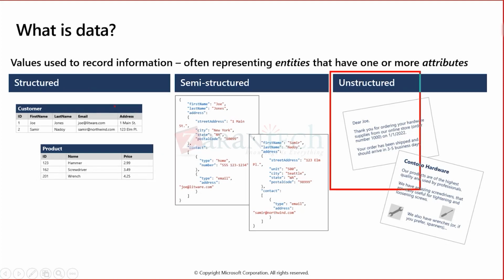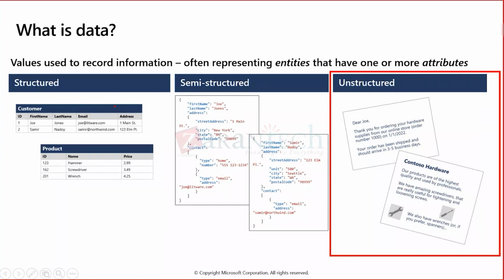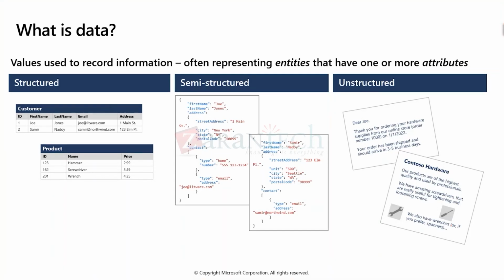Third one is unstructured data. Not all the data is structured or even semi-structured, right? For example, let's say you have images, audio, video, documents, binary files, text that might not have a specific structure. So this kind of data is unstructured data.